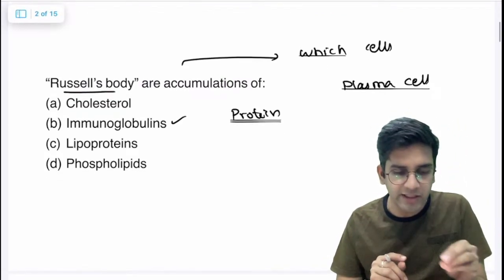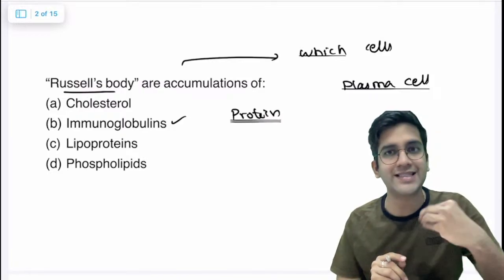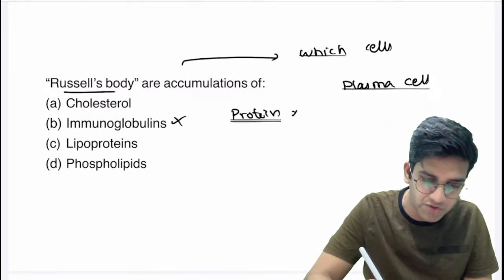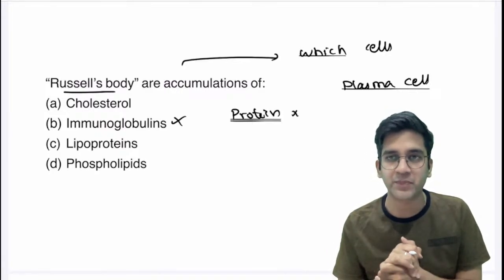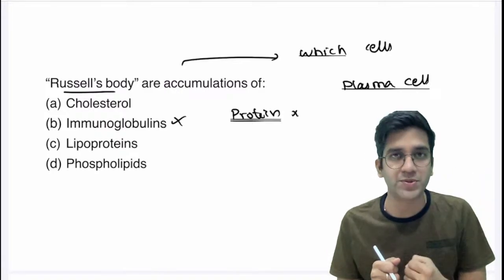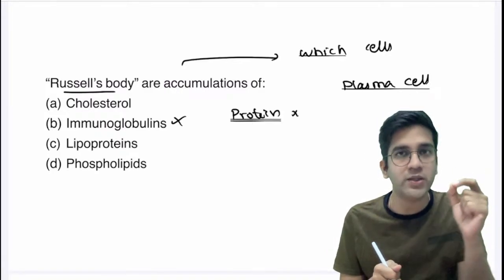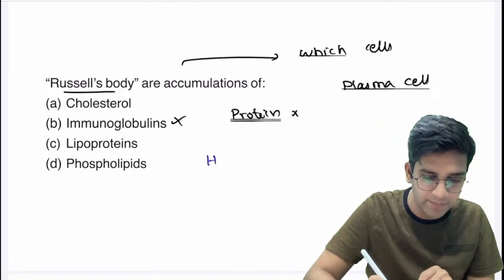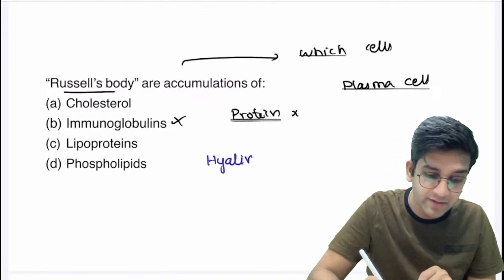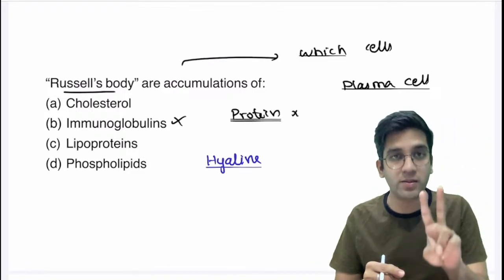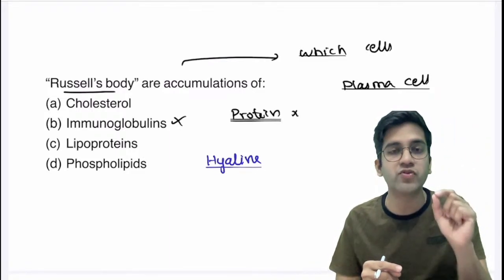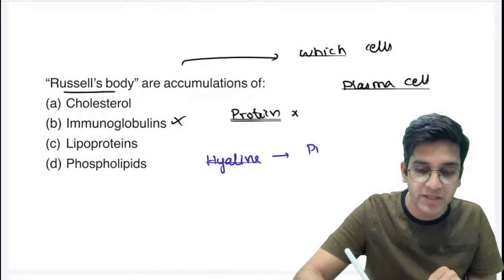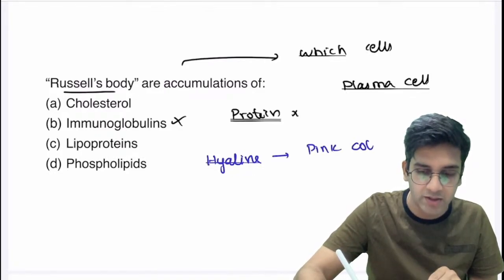I want to cover a little bit surrounding Russell body. Let's assume I don't have the option of immunoglobulin, neither the option of protein. There might be one more thing which might signify Russell body: the term hyaline. If neither protein nor immunoglobulin is in the options, look for the third option, hyaline, because hyaline literally means pink color in microscope.